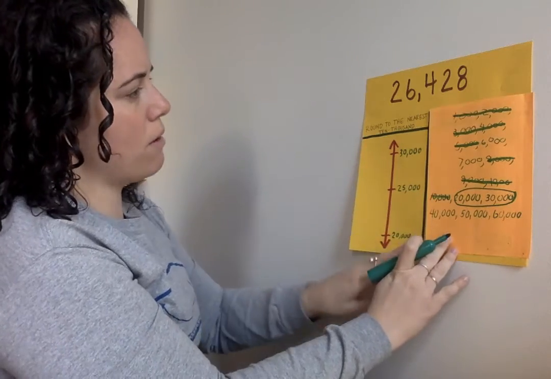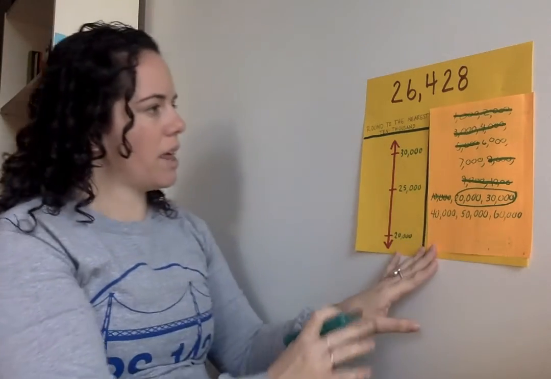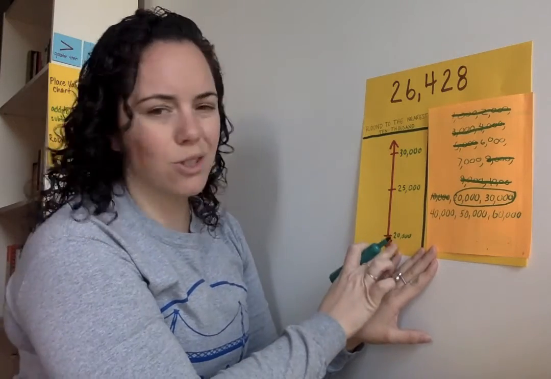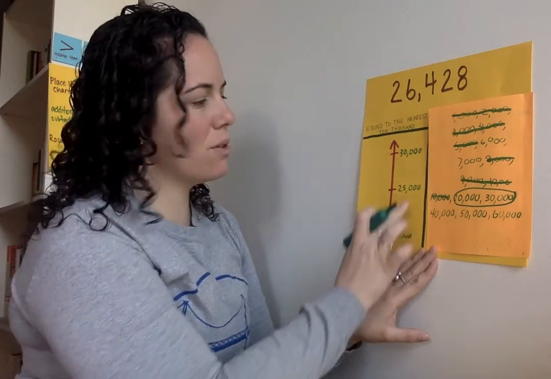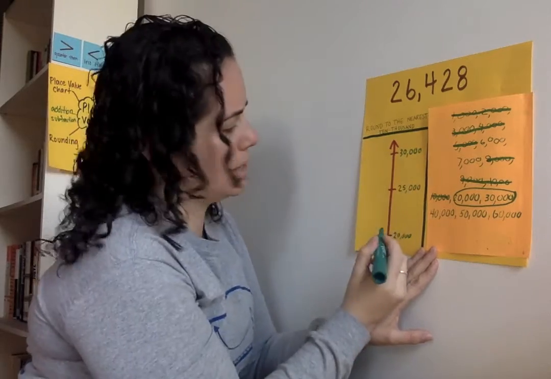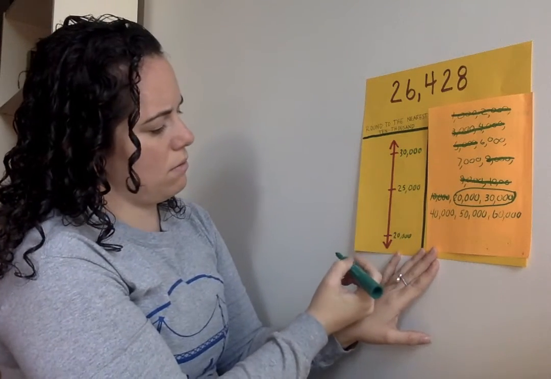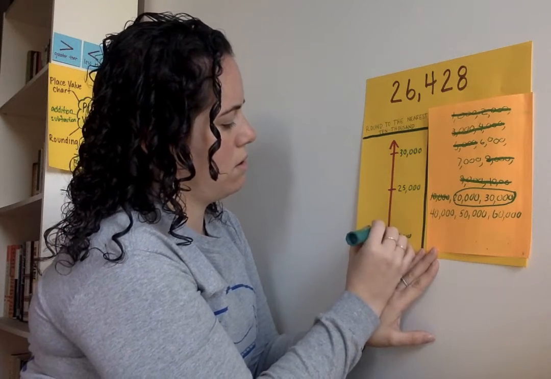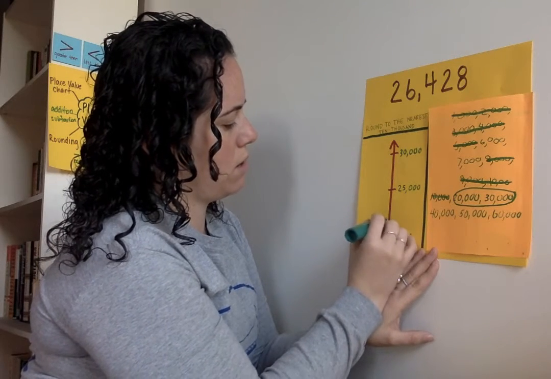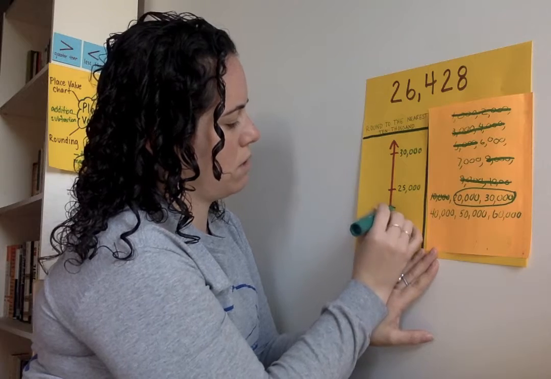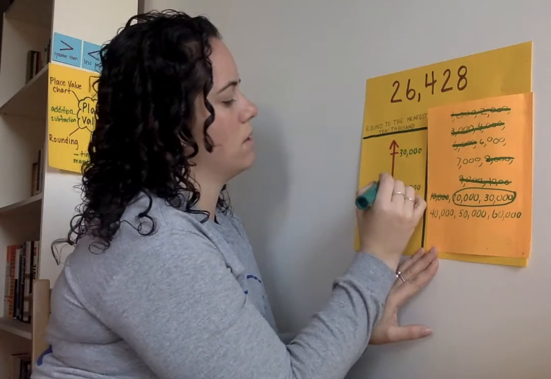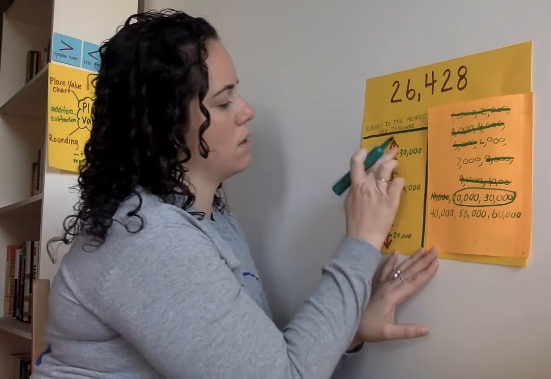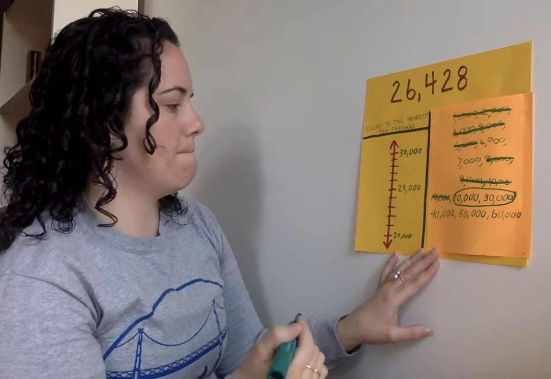So if I'm rounding to the nearest 10,000, I'm thinking is 26,428 closer to 20,000 or is it closer to 30,000? Let's see. Well, I could count by 1,000, so 21,000, 22,000, 23,000, 24,000, 25,000, 26,000, 27,000, 28,000, 29,000, 30,000.